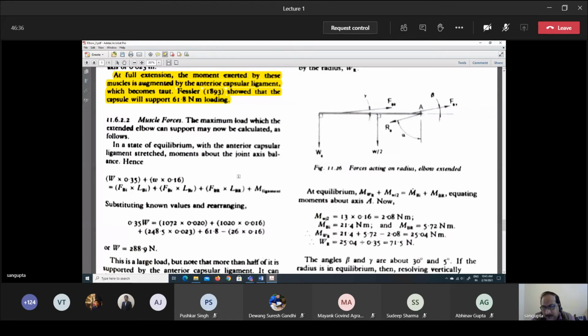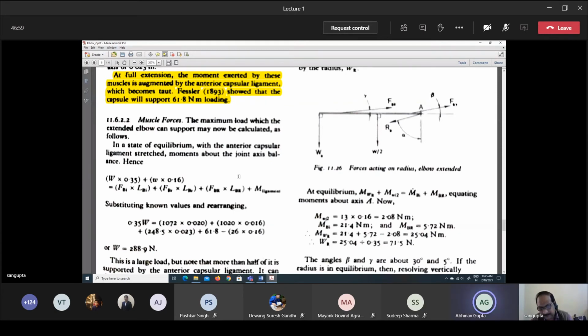This is a very preliminary yet important procedure using the static equilibrium equations, giving you an idea of how this whole musculoskeletal system acts.